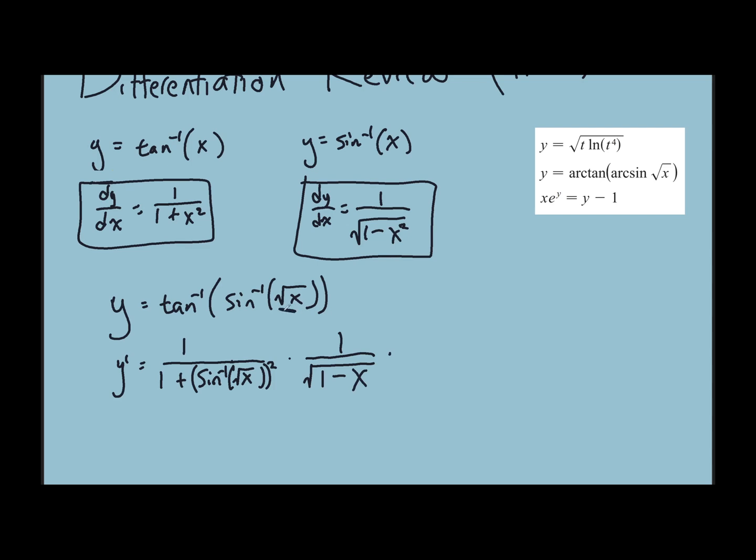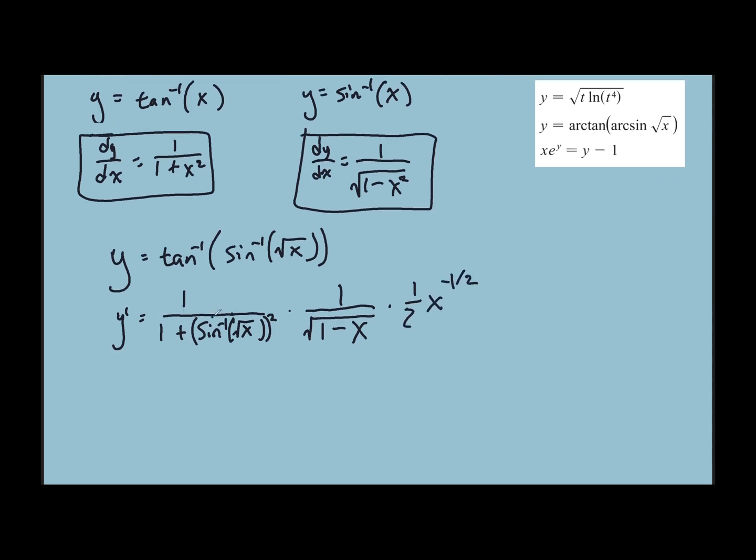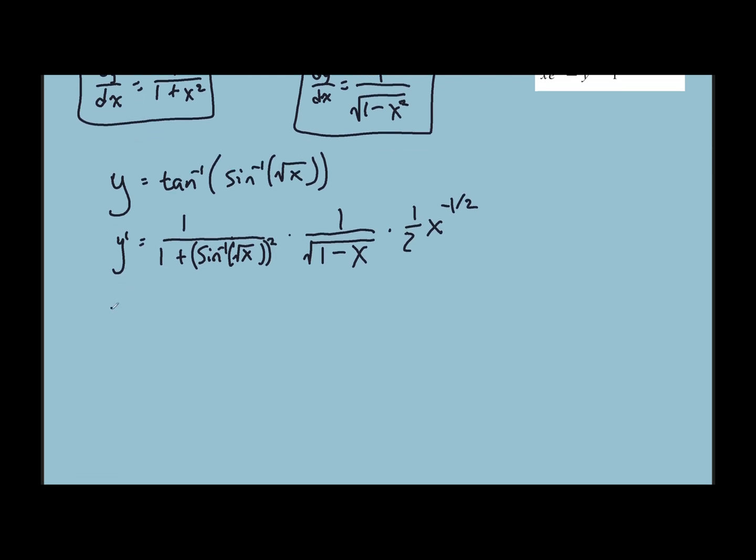times the derivative of the inside again. That would be 1/2 x to the -1/2. So what we're going to end up with here is y prime equals 1 over 1 plus, and now you're going to see why I write arcsine of square root of x squared.